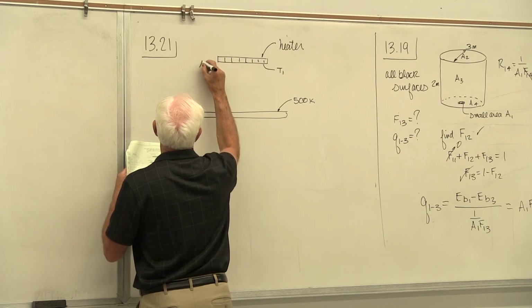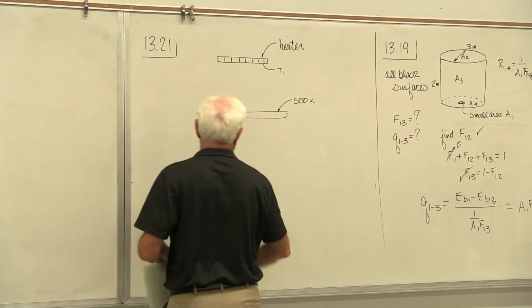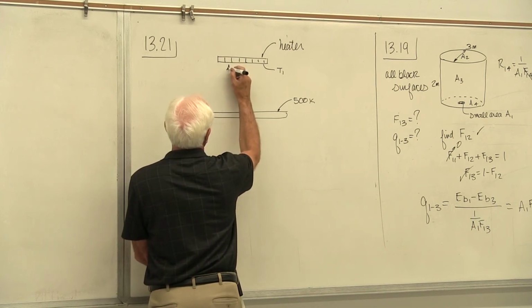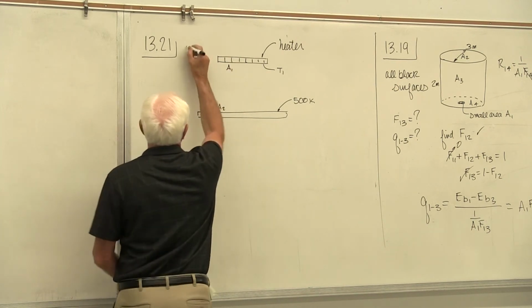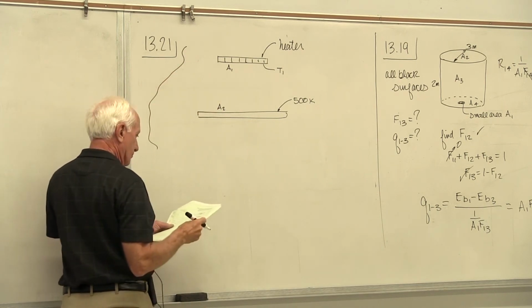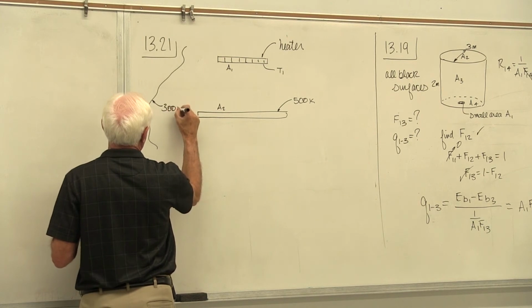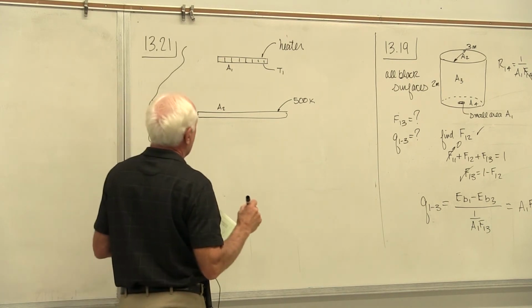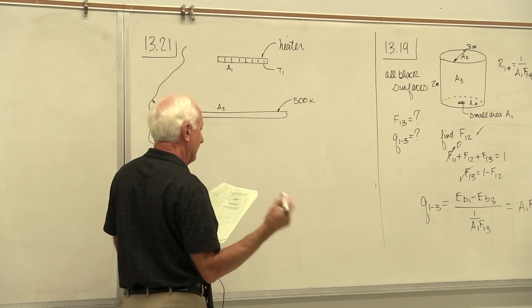This is surface A1, this is surface A2. And then this is in the large room whose walls are at 300. Okay, that's what we're given. And they're all valid.